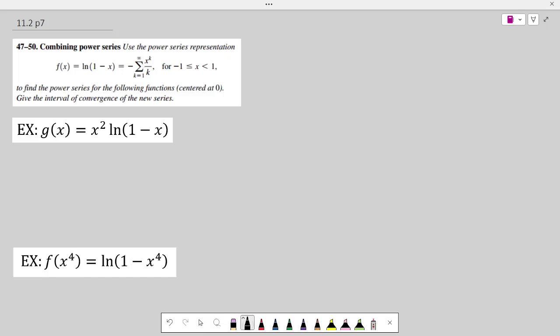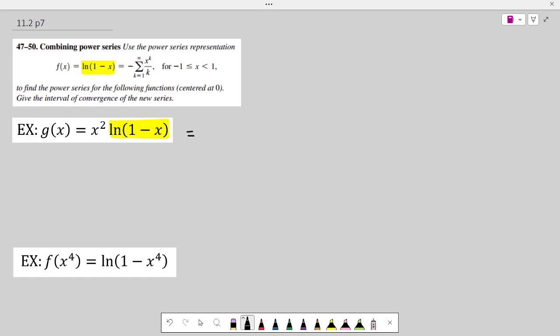Okay. Now we have a power series for ln of 1 minus x. We want a power series for g, which is just x squared times the power series for f. So this is just like the last page.